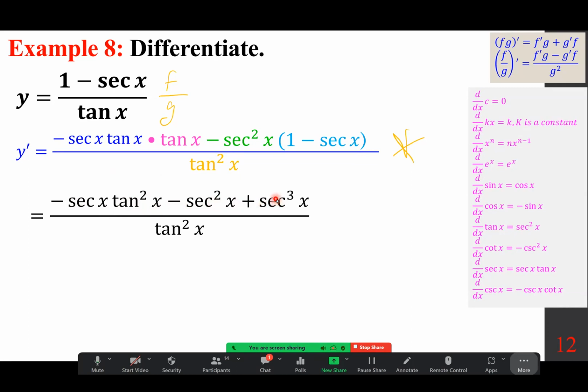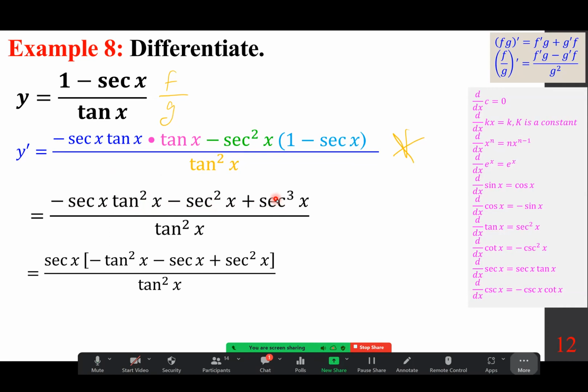minus secant x plus secant squared. And now I remind you that 1 plus tan squared was secant squared. And therefore, I can move this one to the other side. There are different ways of approaching this.